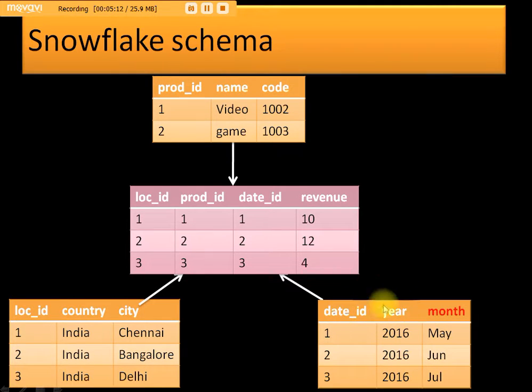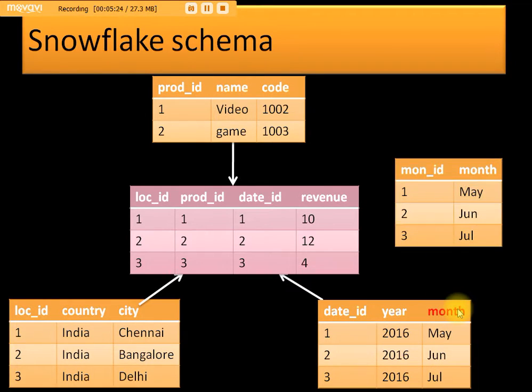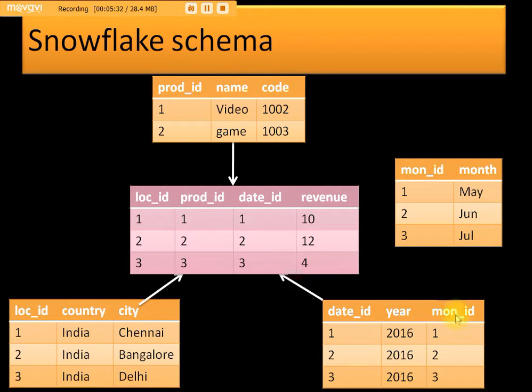The date dimension has date ID, year, and month. Instead of storing the month values in the month column, I'm going to create a new table with month and month ID, and this month ID primary key will be referenced in the date table.